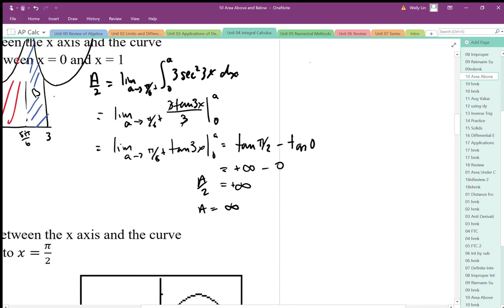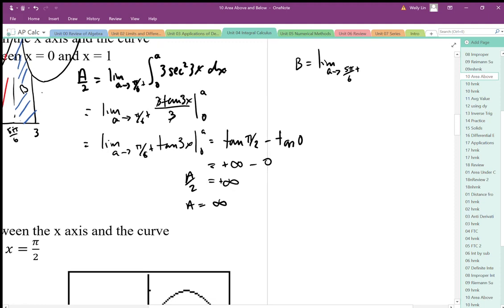Okay, so I'm going to say that the area B is equal to the limit as A goes to 5 pi over 6 from the positive side, because I'm approaching that from the positive side this way.